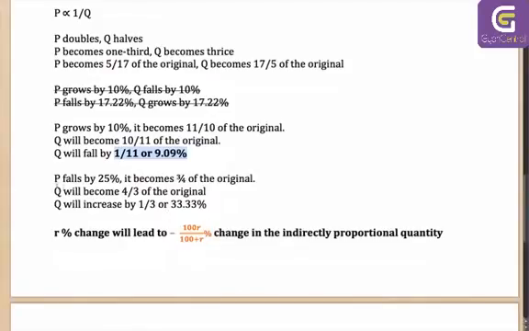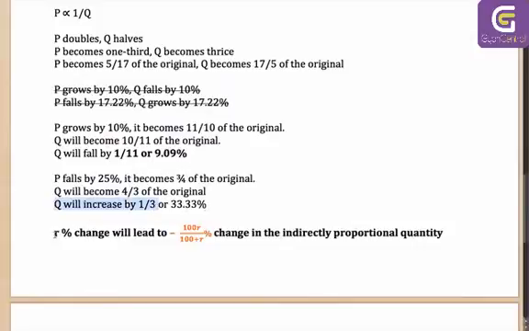Let's say P falls by 25%, which means it becomes 3 by 4 of the original. If P is becoming 3 by 4 of the original, the quantity it is inversely proportional to, that is Q, will become 4 by 3 of the original, which means it will increase by 1/3 or 33.33%.